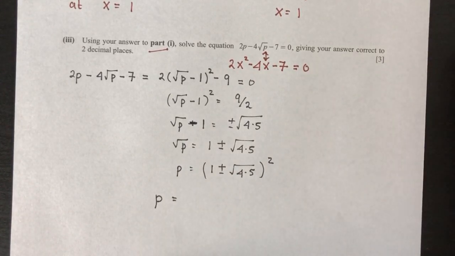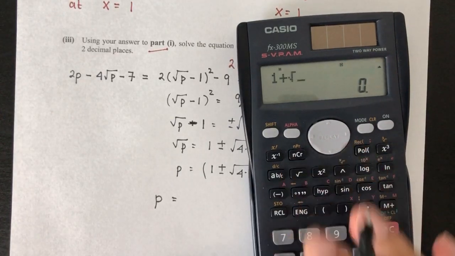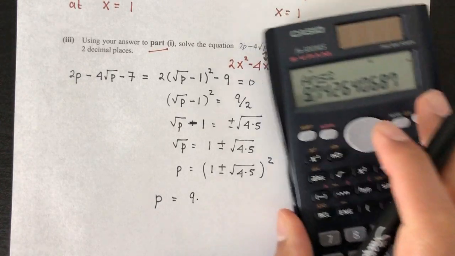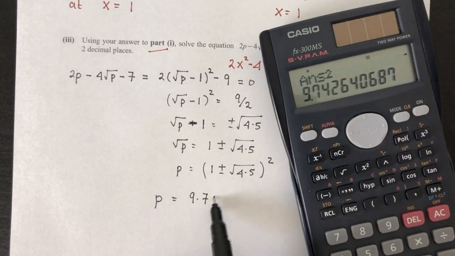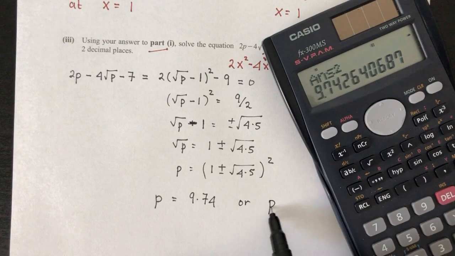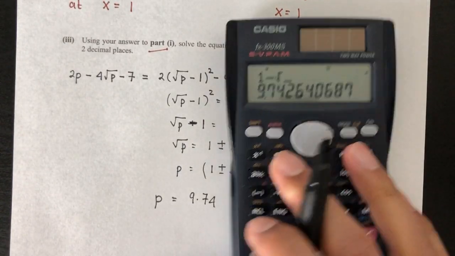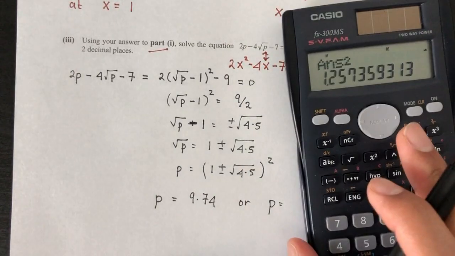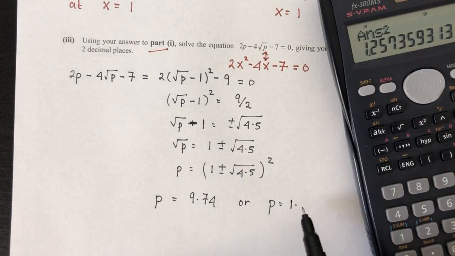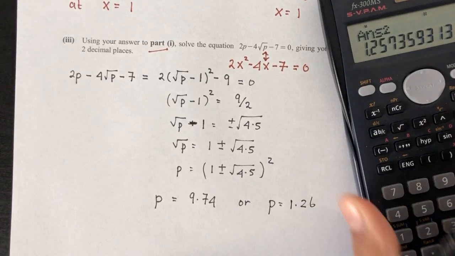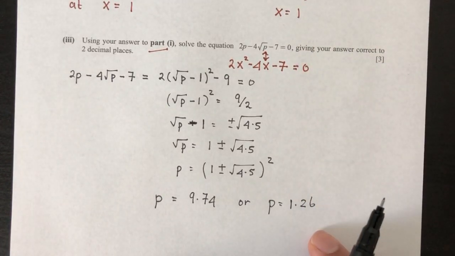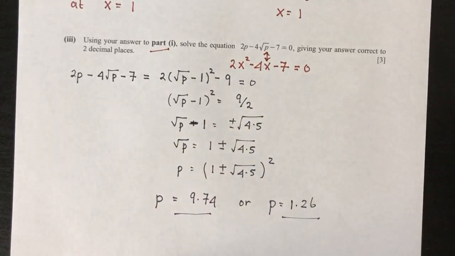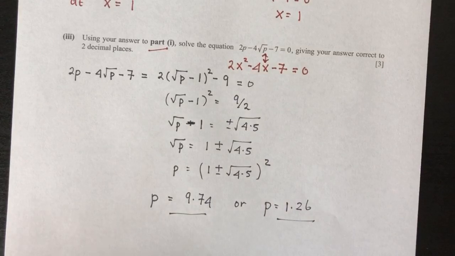For the first value, p can be 1 plus root 4.5 squared, which is 9.74 to 2 decimal places. Or it can be 1 minus root 4.5 squared, that will be 1.26. Both values of p are positive, so we can have both, correct to 2 decimal places. And that will be your question number 4.